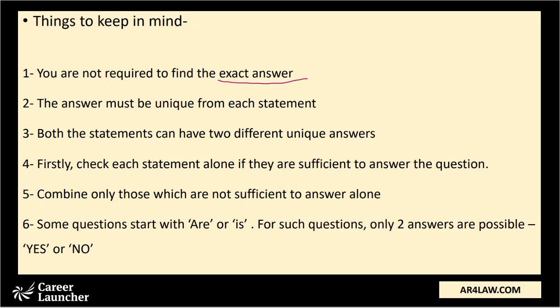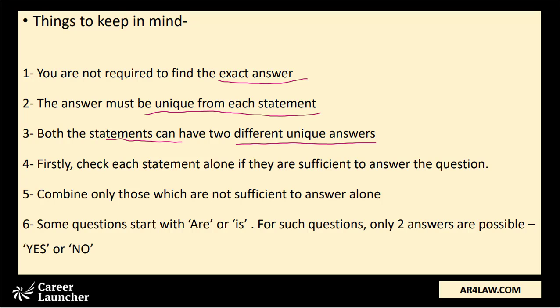So if each statement gives us an answer or a solution, which may be different from each other, but it is still able to give us an answer, that is sufficient for us. So the answer can be the same, or the answer can be different from each statement also. We are more interested in knowing if the answer is possible or not. So both the statements can have two unique answers as well.